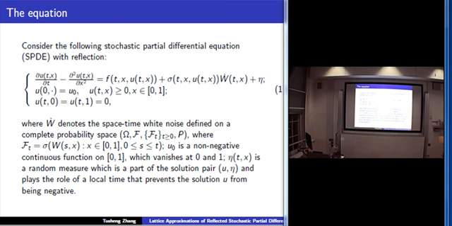This is the space-time white noise. It's a Brownian sheet. The space variable is the interval 0, 1.